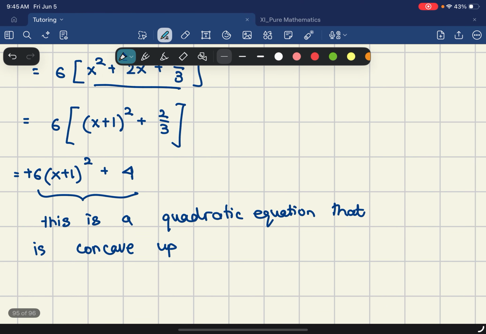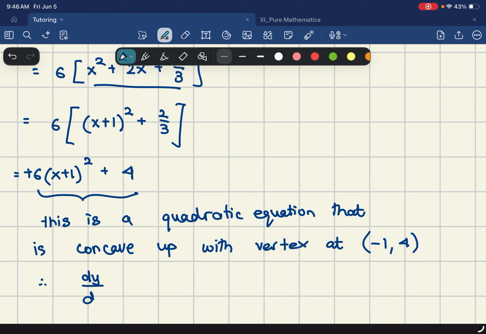That is concave up with vertex at -1, positive 4. Therefore, dy by dx is bigger than or equal to 4. That is one way to reason this.